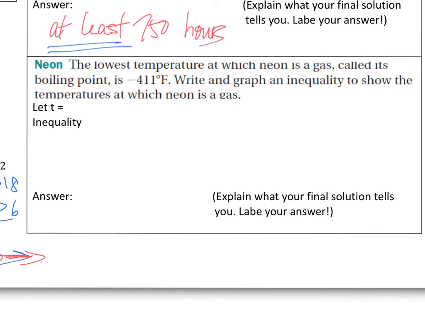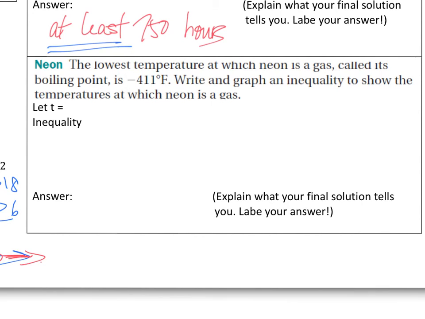Neon. The lowest temperature at which neon is a gas, called its boiling point, is -411°F. Write and graph an inequality to show the temperatures at which neon is a gas.